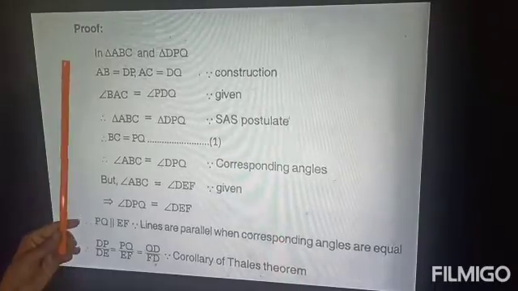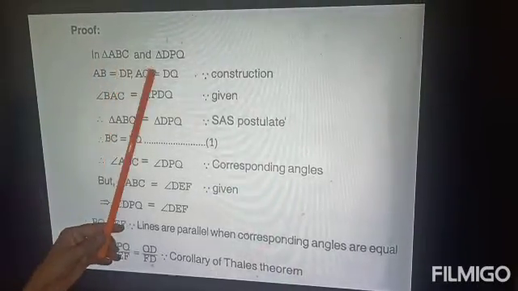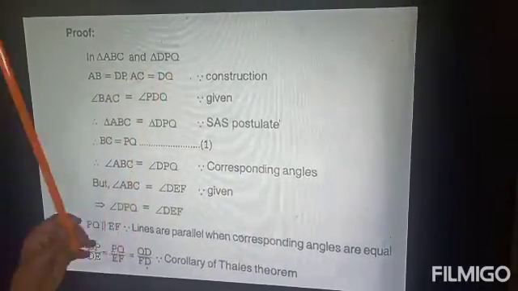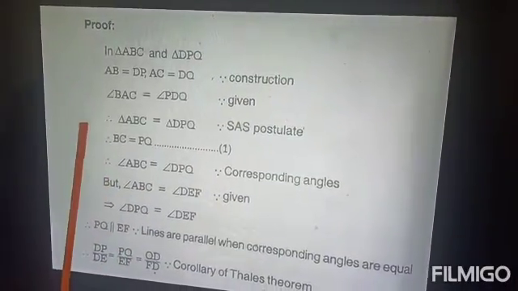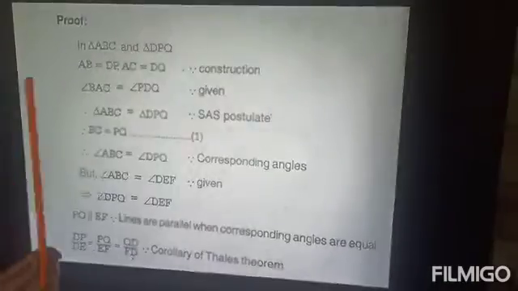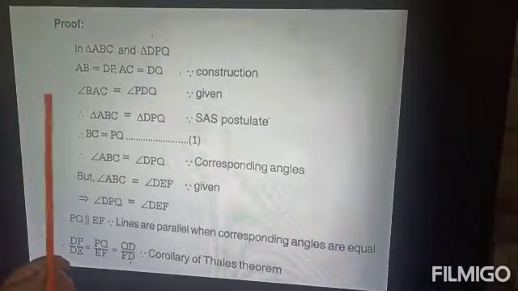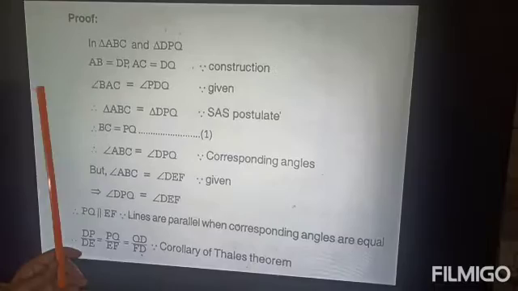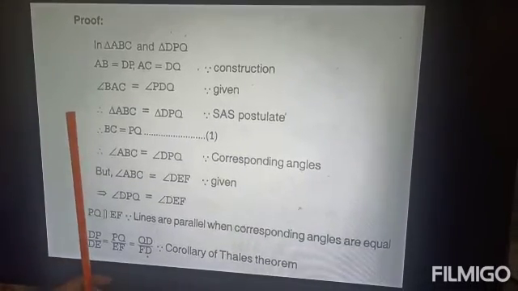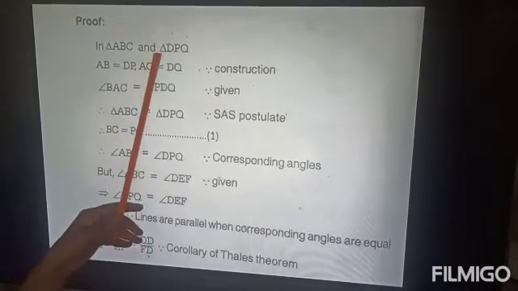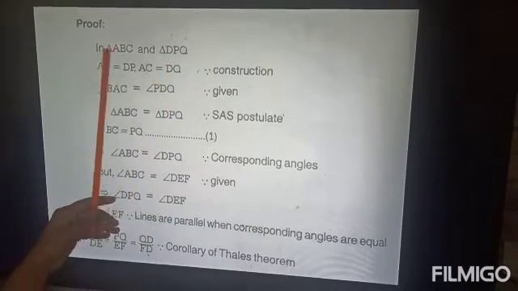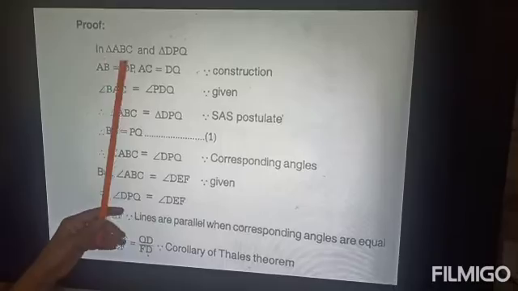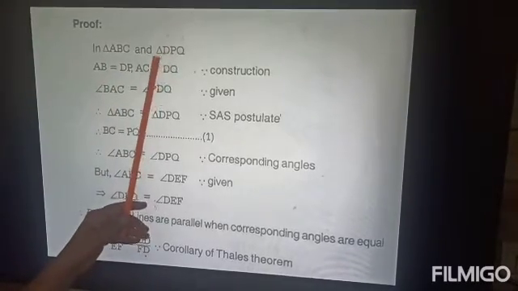In triangle ABC and DPQ, by constructing a line PQ parallel to DE, we got one more triangle, DPQ. We have to take triangle ABC and triangle DPQ.